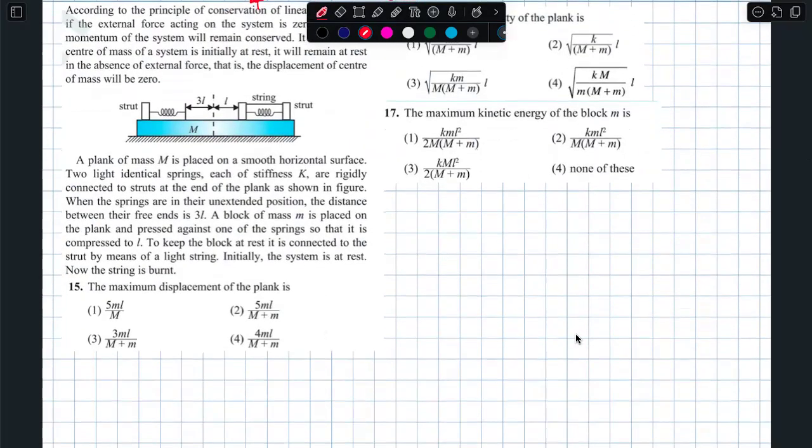A plank of mass m is placed on a smooth horizontal surface. Two light identical springs, each of stiffness constant K, are rigidly connected to struts at the end of the plank as shown. See, the left one, the right one will not move. The leftmost strut is a solid fixing.